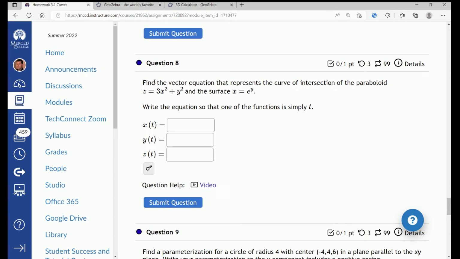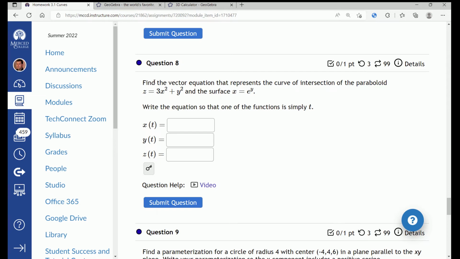So it says find the vector equation. So we need parametric equations. I don't know if they use the word parametric equations there, that represent z equals 3x squared plus y squared. Probably you'll have something different.